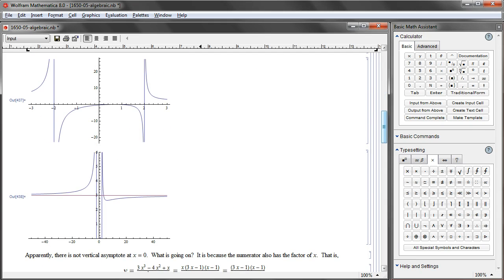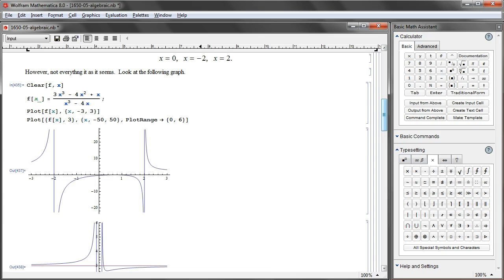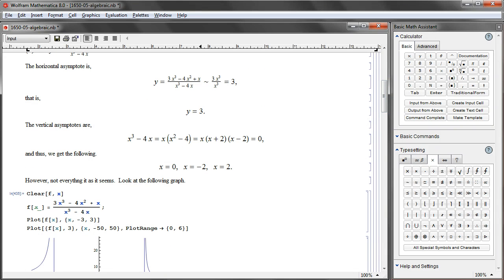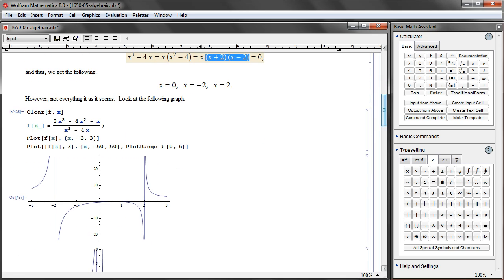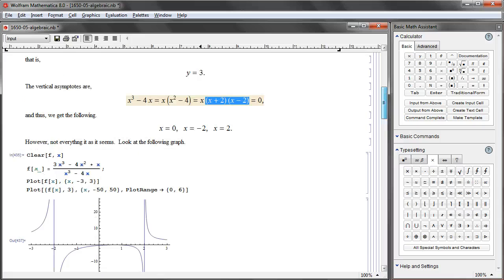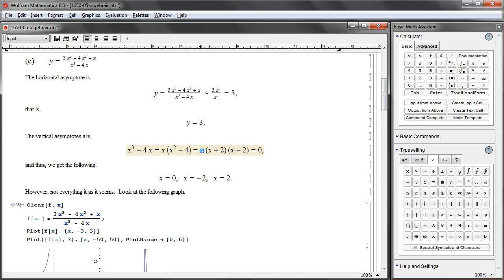From the first picture we see vertical asymptotes at x equals 2 and x equals negative 2. I can factor the denominator, and x plus 2, x minus 2, those are vertical asymptotes. But what about x equal to 0?